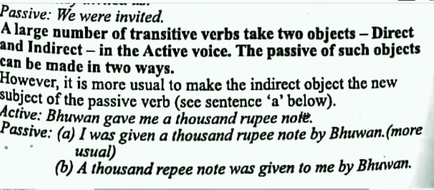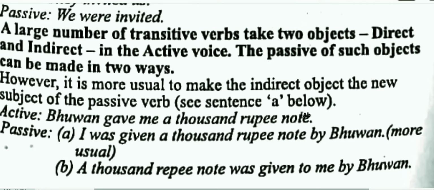Here is another example I'm going to talk about. We may have two objects. See, we may sometimes have two objects. So at that time, which object do we use while transforming the active into passive? See, a large number of transitive verbs take two objects, direct and indirect.